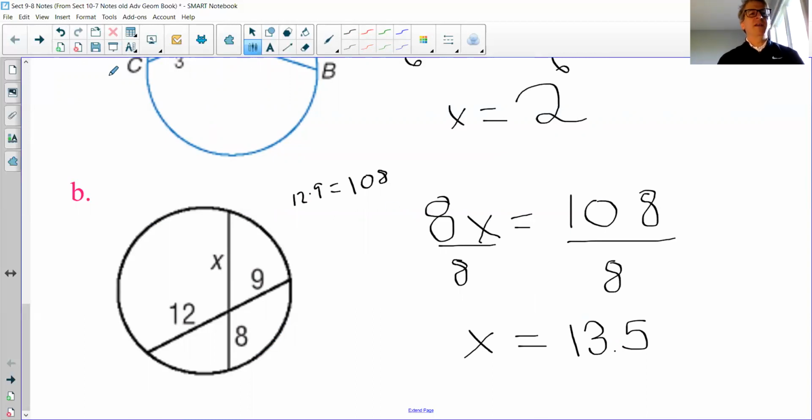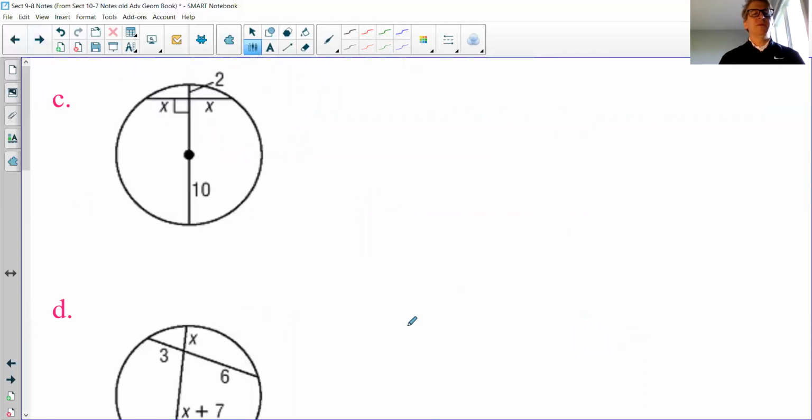Okay, let's move on. Not too tough. Here's letter C. You've got yourself a radius of 10, and this little segment here is 2. That tells me that this segment right here is going to be 8. 2 plus 8 is 10. And you've got an x on this side and an x on this side.